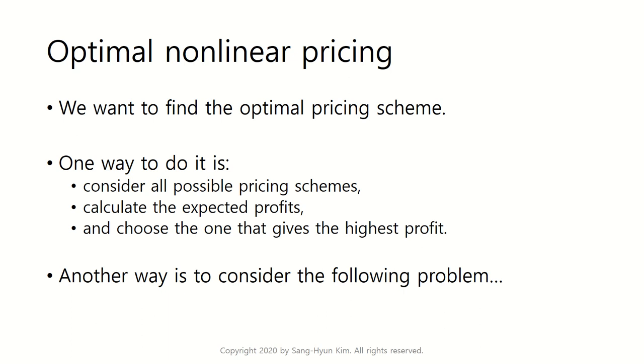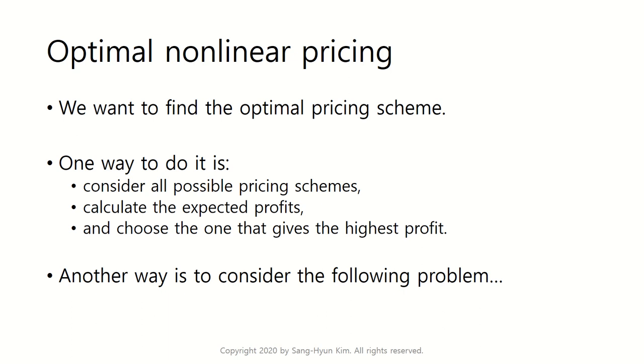We consider all possible pricing schemes, calculate the expected profits of all of them, and choose the pricing scheme which gives the highest profit. But as you can see, it is impossible to do that, right? We cannot consider all possible pricing schemes, and we cannot calculate the expected profits of all of them. It is simply impossible because there are infinitely many pricing schemes.